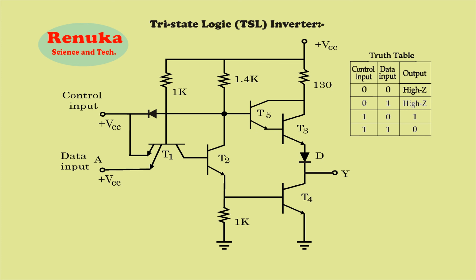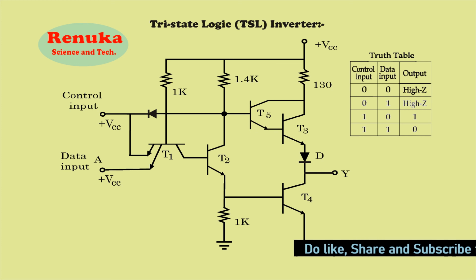So we can summarize this truth table as follows. If the control input is connected to logic low, then the third state arrives here, and that third state is called the high impedance state. When the control input is connected to logic low, it will not have any effect whatever the data input A is.